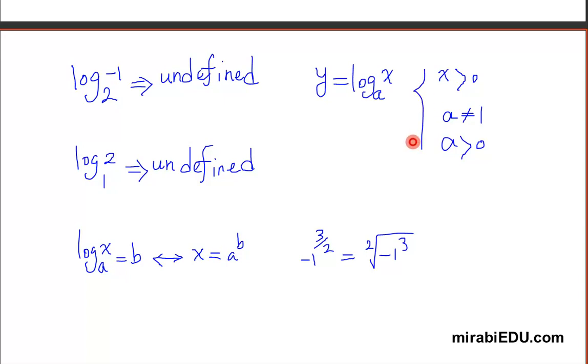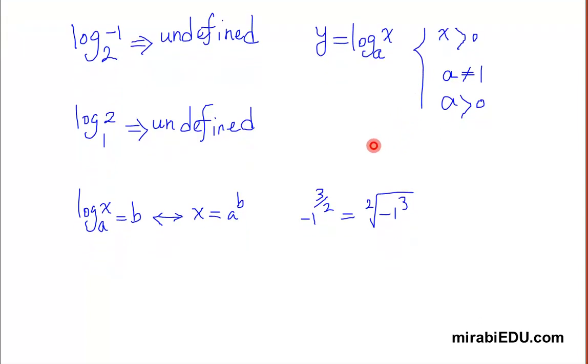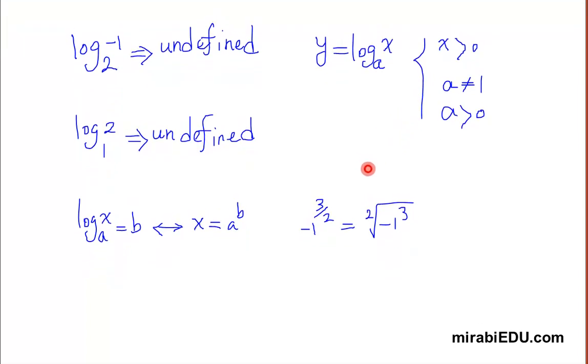And let me complete my explanation here about the base. So here is a logarithm of x with base a, and the exact meaning of this function is x equals a to the y power.